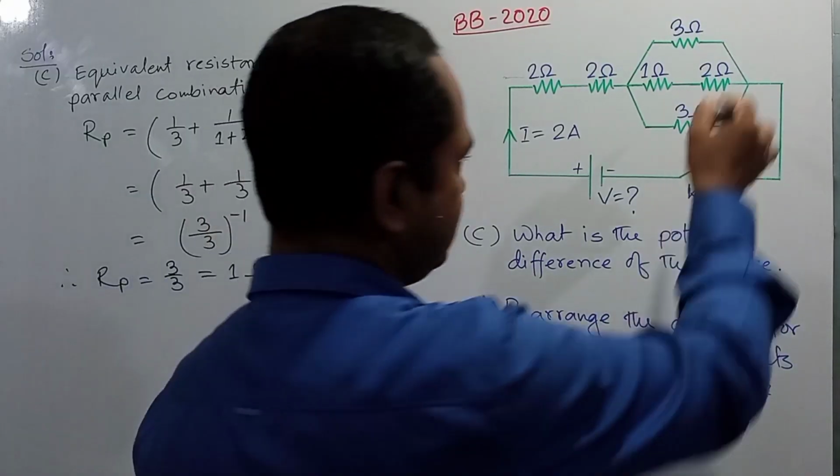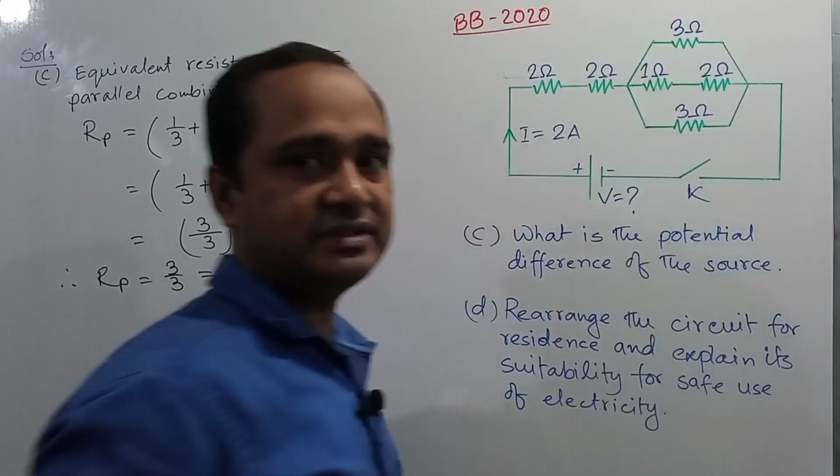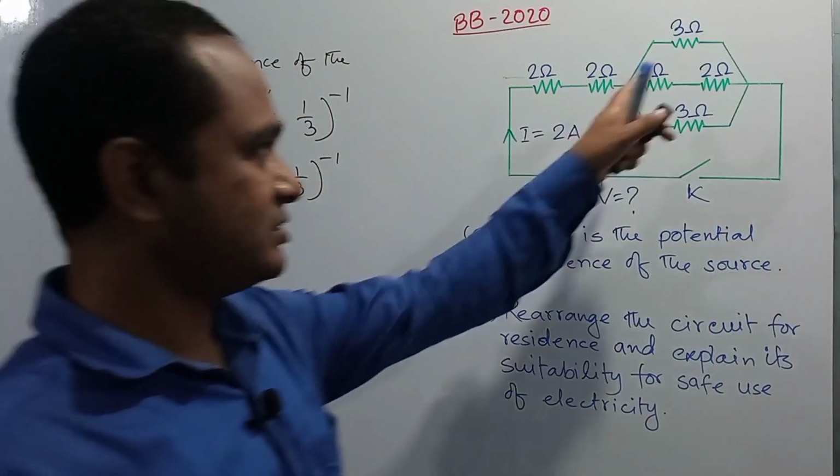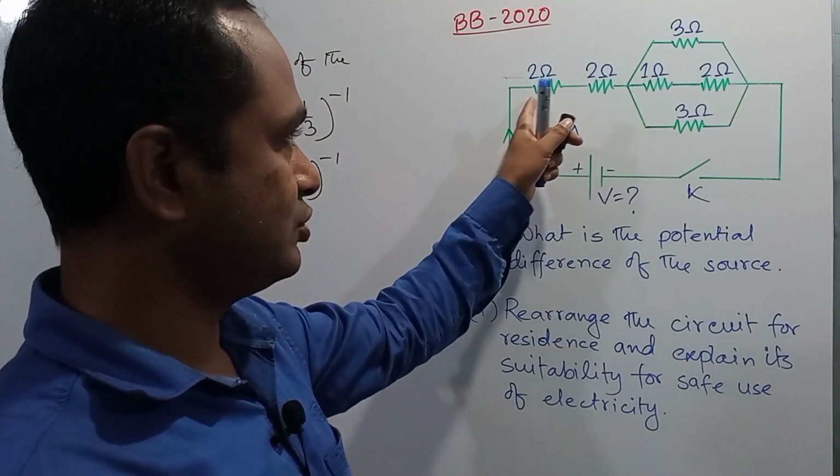So the equivalent resistance of this portion is 1 ohm, and this 1 ohm is connected with this 2 ohm and 2 ohm.